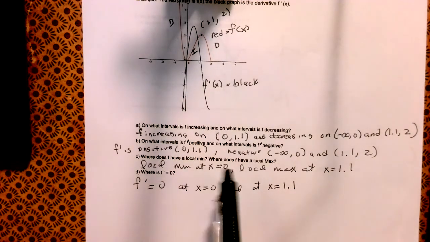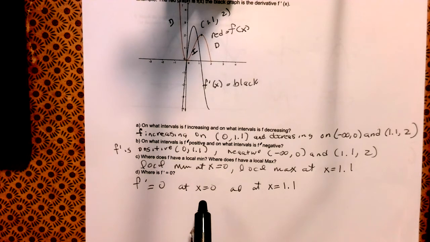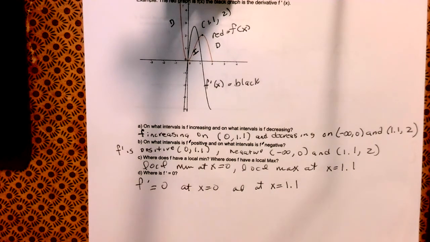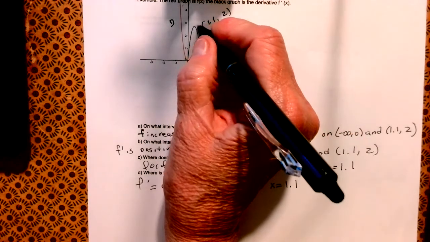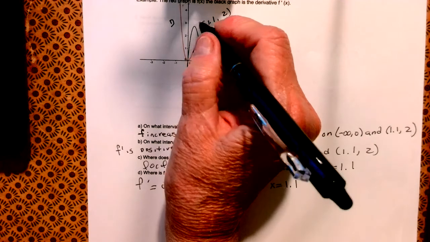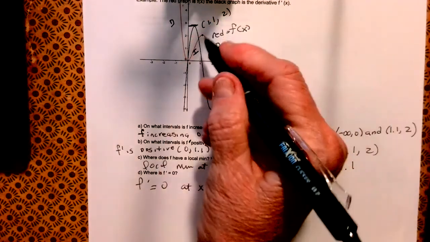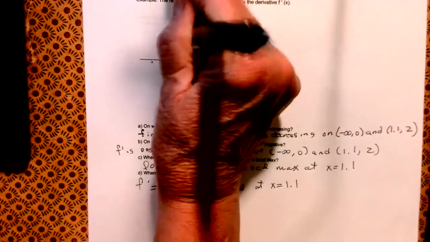So notice that where we have a local min, f prime is equal to 0, and where we have a local max, f prime is equal to 0. This is what I want to say here.